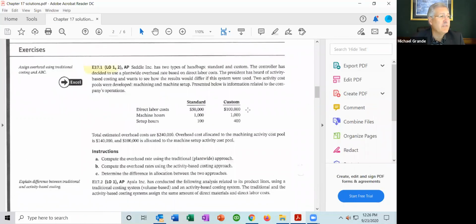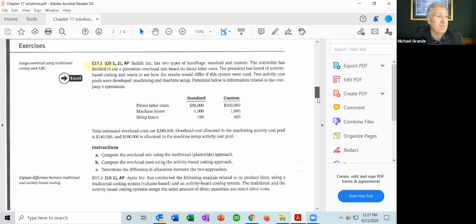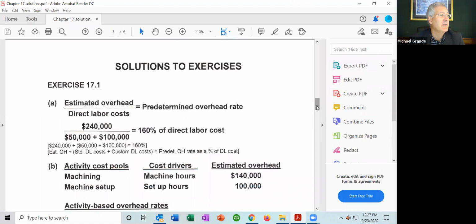Direct labor costs, you can see, are 50 for standard, 100 for custom, for a total of 150,000 versus total estimated overhead at 240,000. So when we look at the rate, remember what it is. It's overhead dollars divided by your activity, which in this case is direct labor dollars.